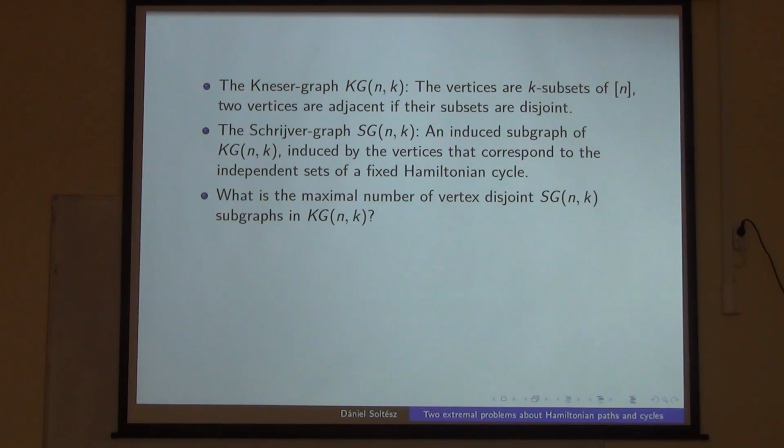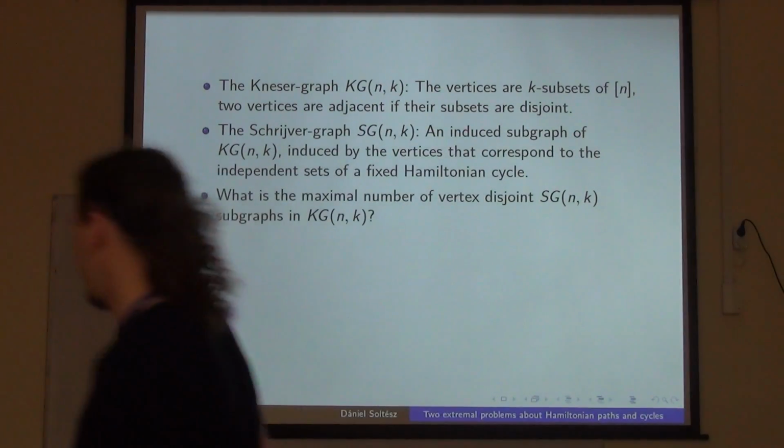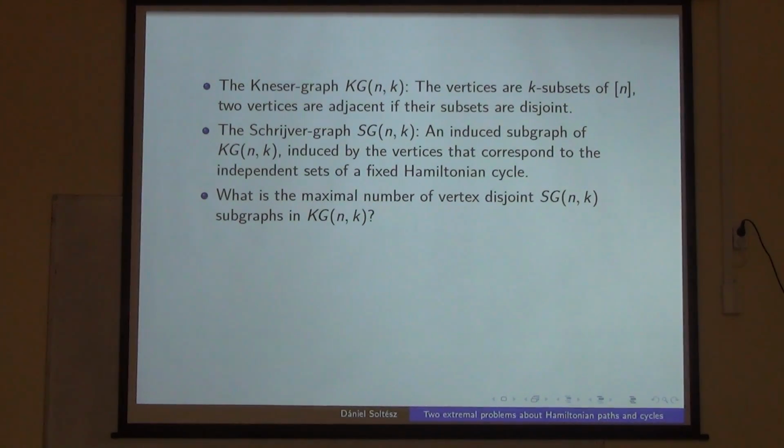The k-subsets of these are the vertices of the Kneser graph, and in the Schrijver case we only consider those k-subsets which are also independent in this cycle. So k-independent sets. At first it's rather weird, but these objects are interesting because of their chromatic properties.